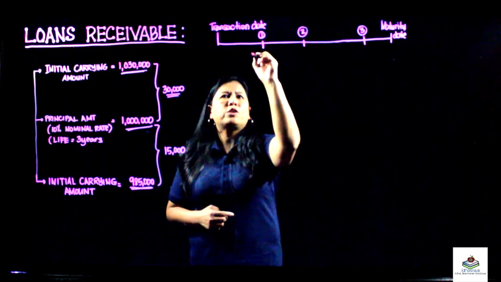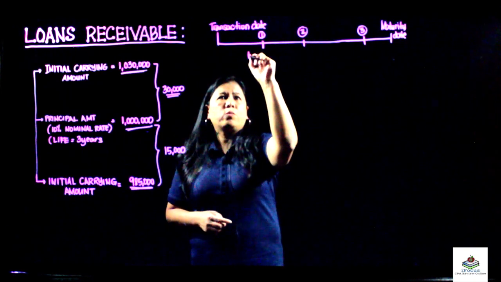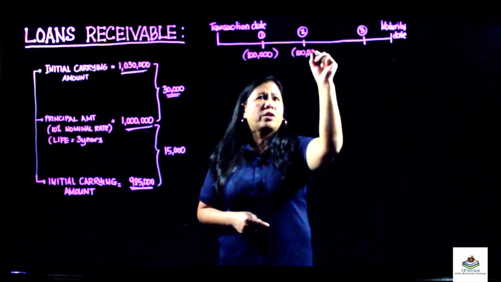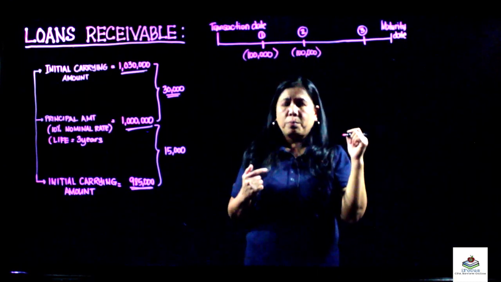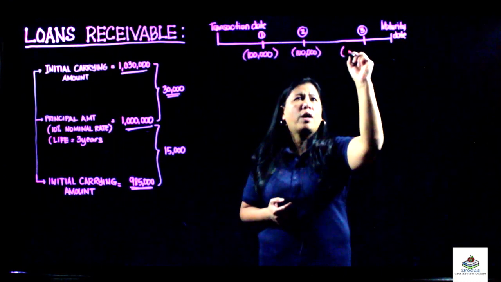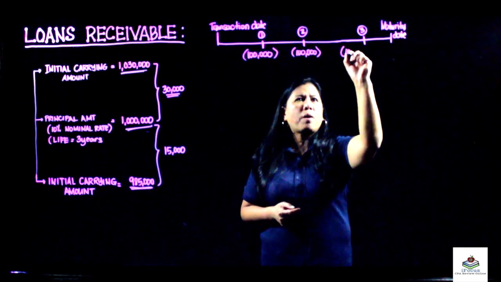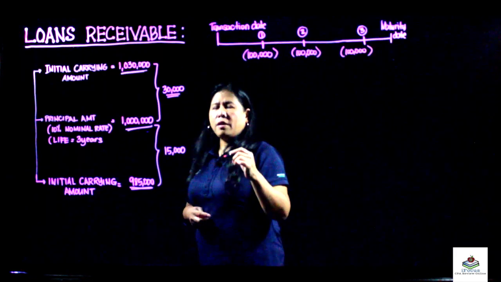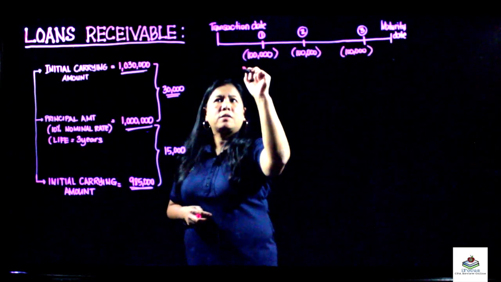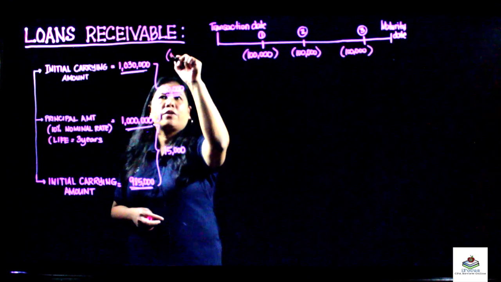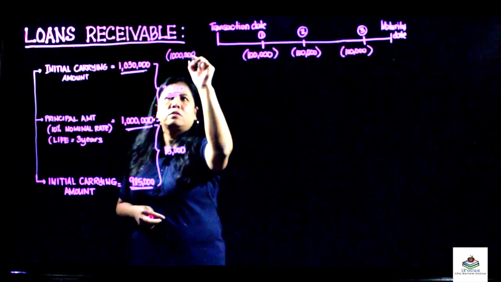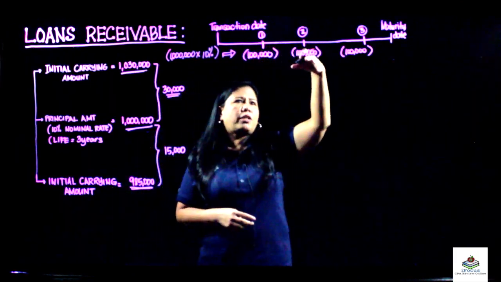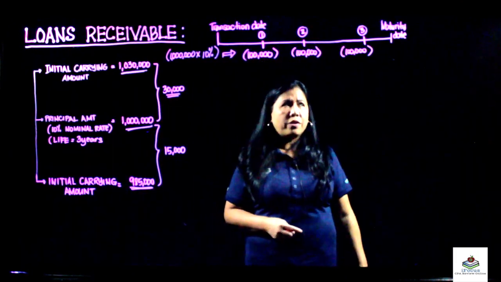So on the first year, the borrower will pay the bank 100,000. On the second year, the borrower will also pay 100,000, as well as on the third year. And that is computed as 1 million times 10%.